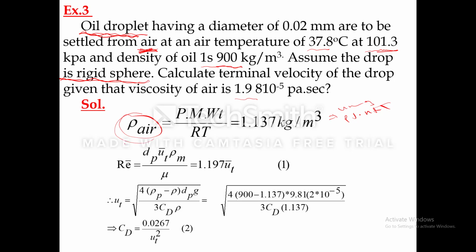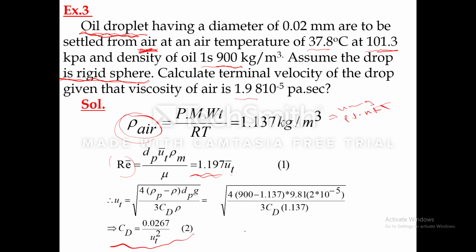After I compute rho, I have to find the Reynolds number for a fluid in terms of UT. So UT here will be 4 (rho p minus rho) d p g over 3 C D d p rho. So I'll solve this for CD, which will be 0.0267 over UT squared.